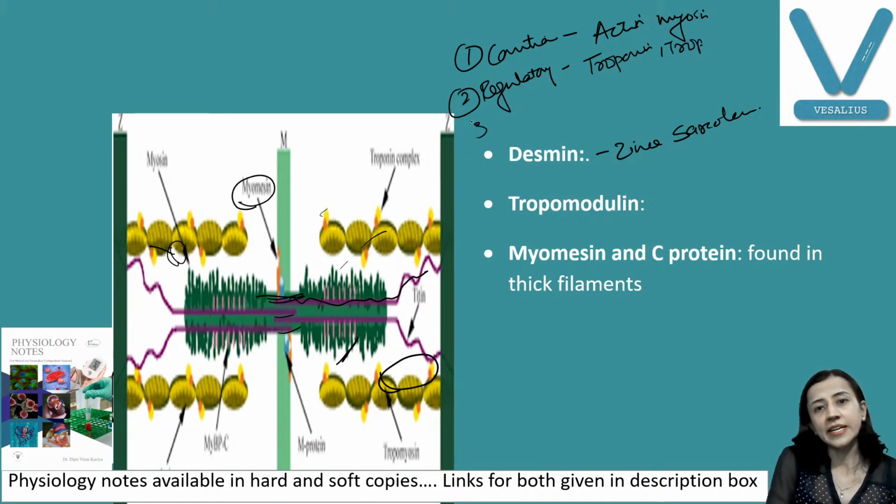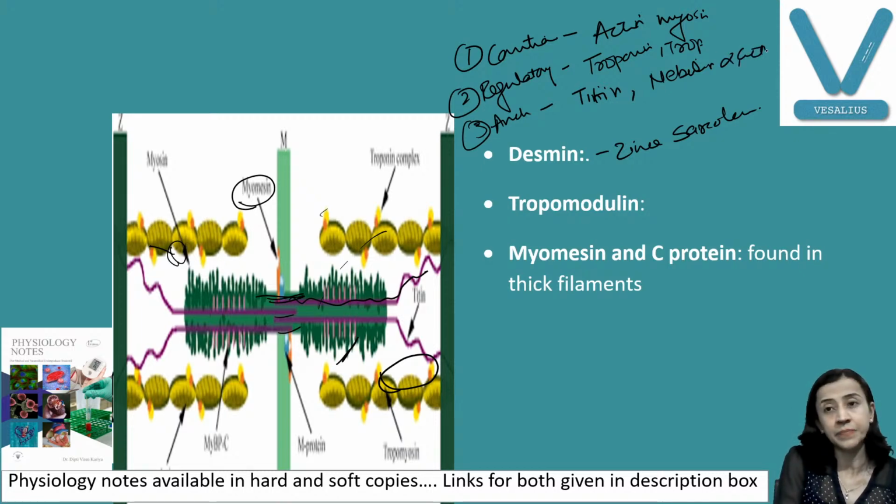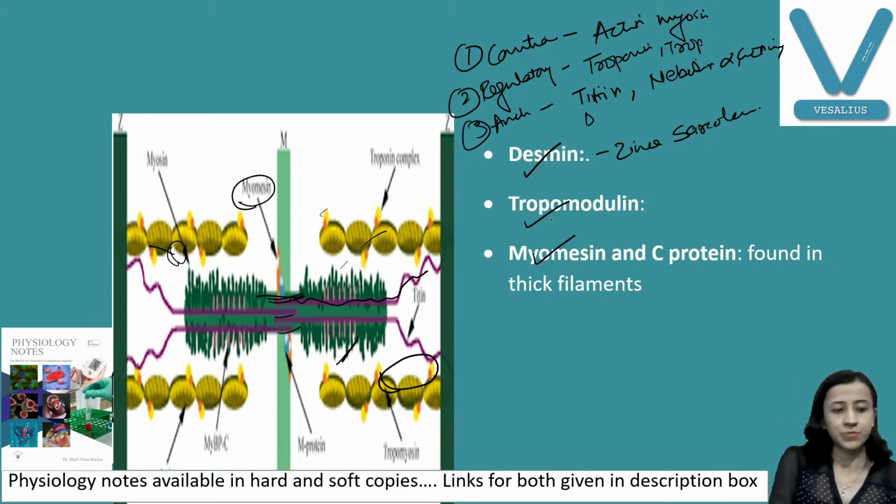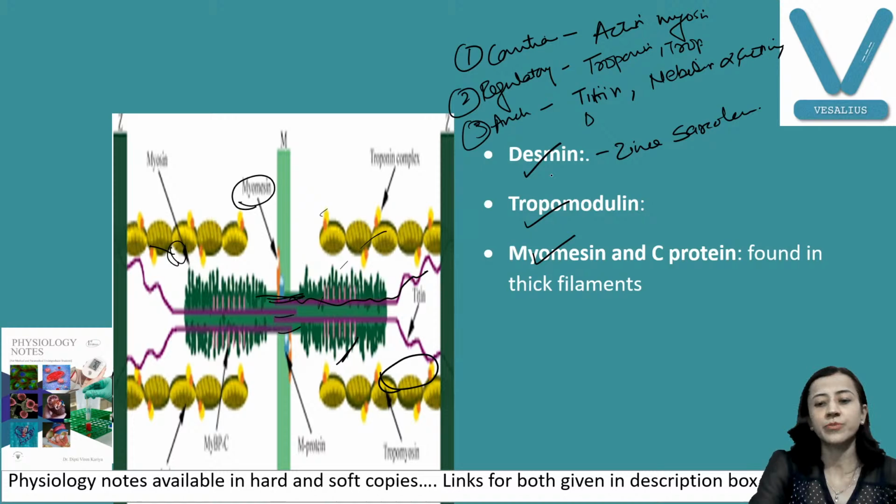Okay, and anchoring proteins we have discussed, they are titin, nebulin, alpha actinin, desmin, tropomodulin, and myomesin and C protein. Okay, so this is all about different proteins, and this is all about the sarcomere.